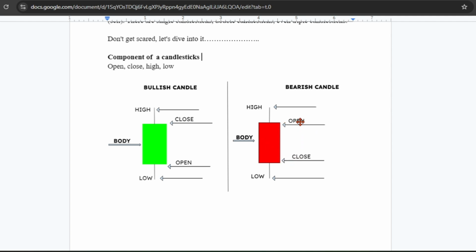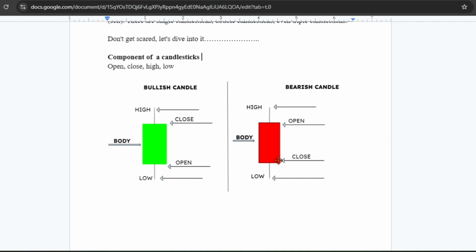Now the distance between the open and the close is what will determine the body size. This shaded part that we shade in red, this shaded part that is shaded in green. If the open and close are not too far, then the body size of this candlestick will be small. If the distance between the open and the close is very long, the body size of this candlestick will be long.